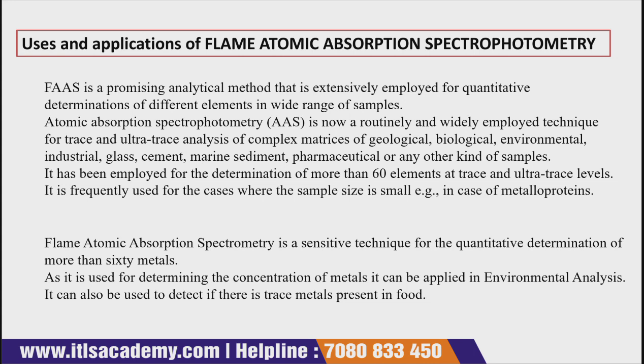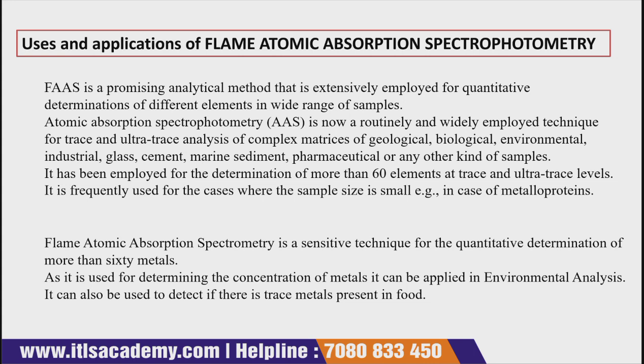Flame atomic absorption spectrometry is a very sensitive technique for the qualitative as well as quantitative determination of more than 60 metals. That makes it one of the greatest techniques in use. Since it is used for determining the concentration of metals, it can be employed in environmental analysis.